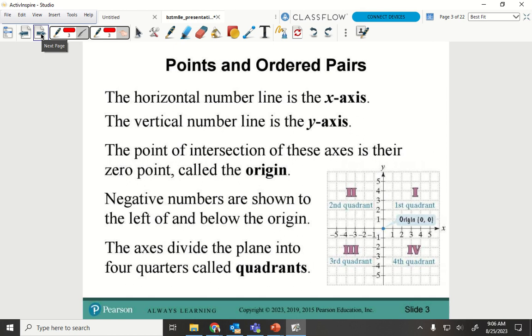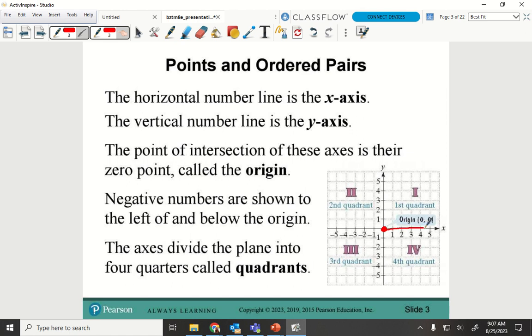I'm hoping you are following along, because the quadrant thing is super important. When we start talking about quadrants, you need to know where something ends up. Where the X and Y come together is called the origin, at 0, 0. It's also on your notes, so you don't have to write it out.